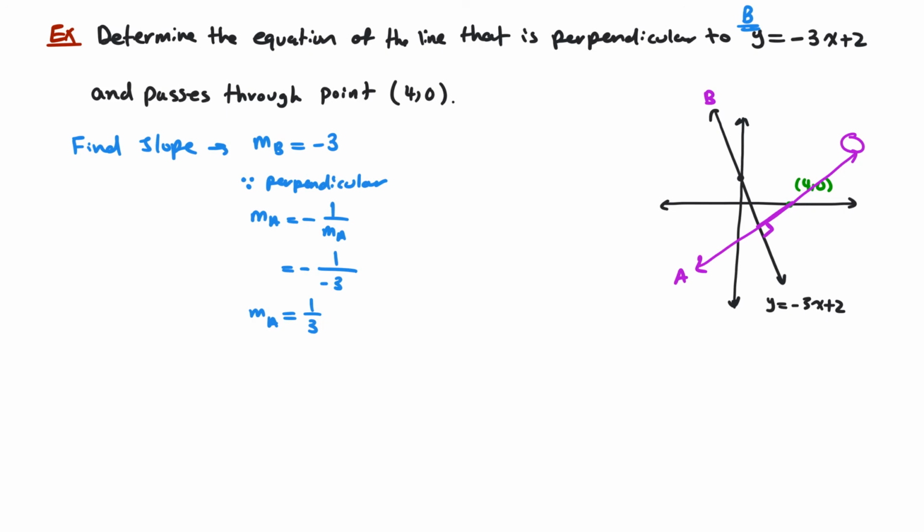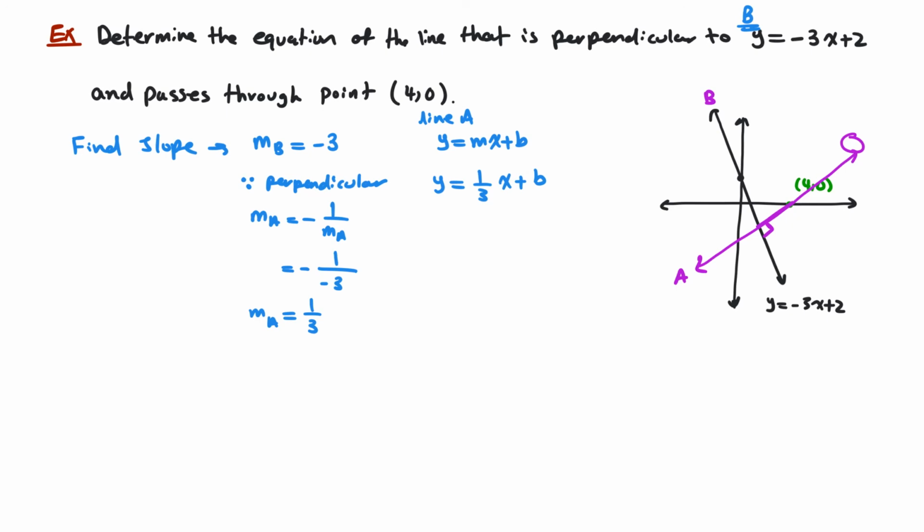All right, now that we found mA, we know that our equation is y is equal to mx plus b. This is for our line over here, so this is for line A. So y is equal to, I know that my slope is 1 over 3, so 1 over 3 x. I just don't know what the b value is, and that's what we have to find. Now, we are given another piece of information, and it says that our line is actually passing through point (4, 0).